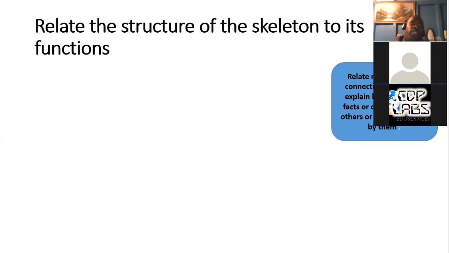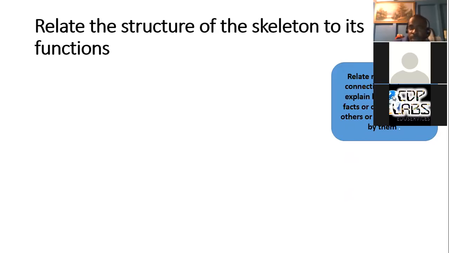All right. So when they ask you to relate the structure of the skeleton to its functions, how would you, Mona, approach answering a question like this?